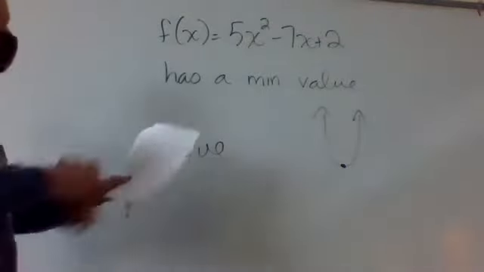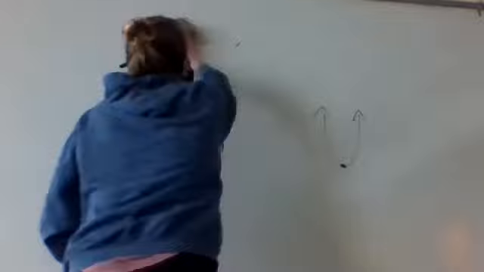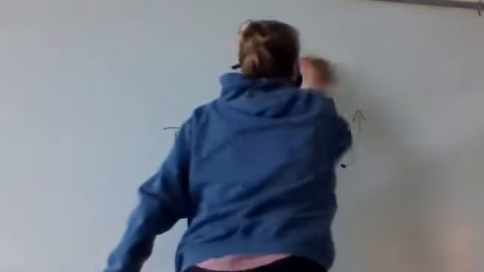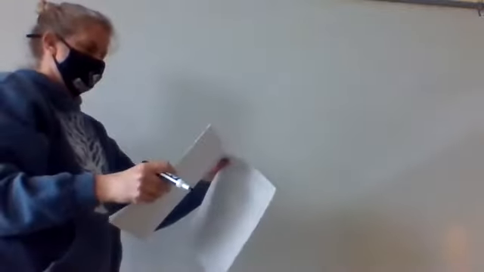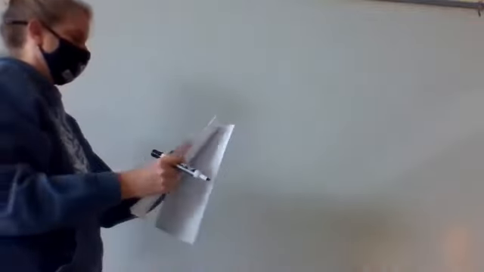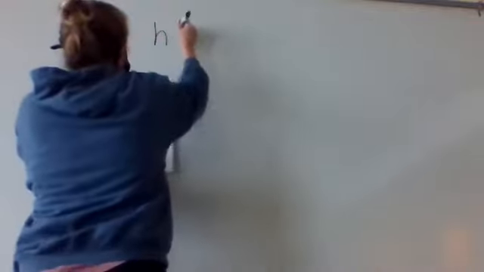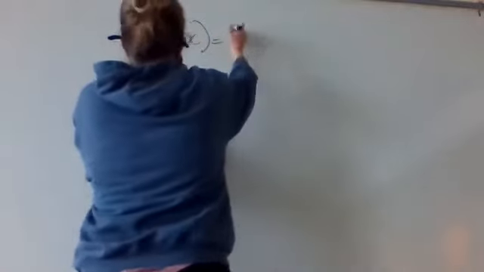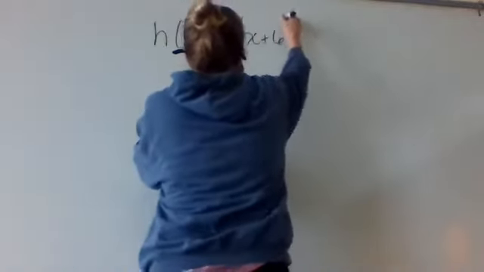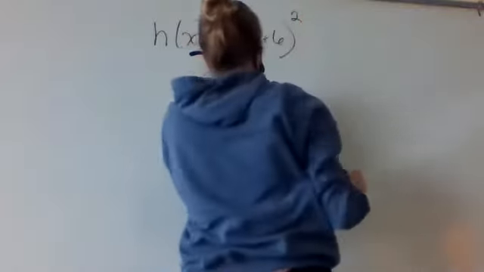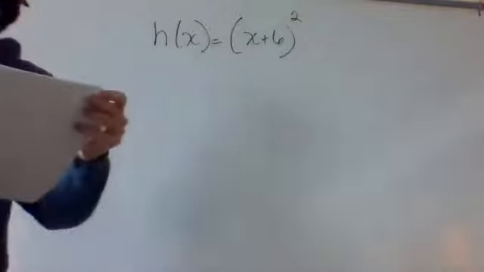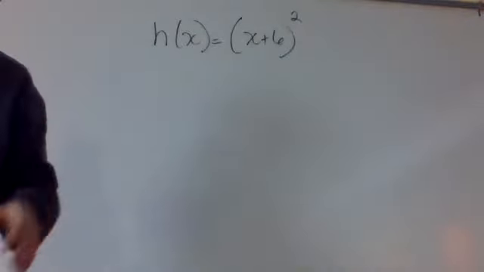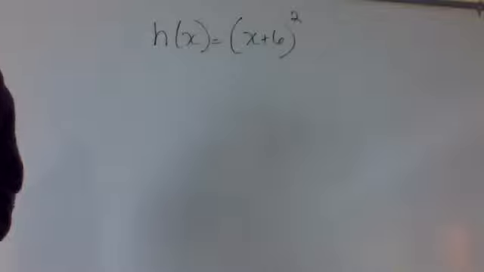All right, number 6. Determine whether this statement is true or false. It says h of x equals, in parentheses, x plus 6 squared, and it says this graph can be obtained from translating the graph of h of x equals x squared to the left 6 units.